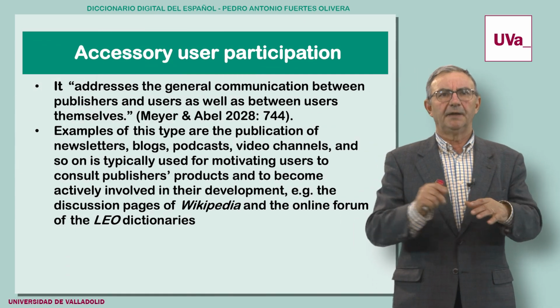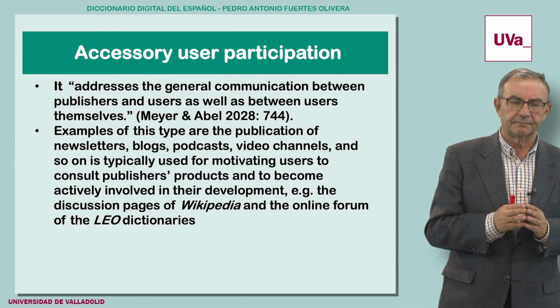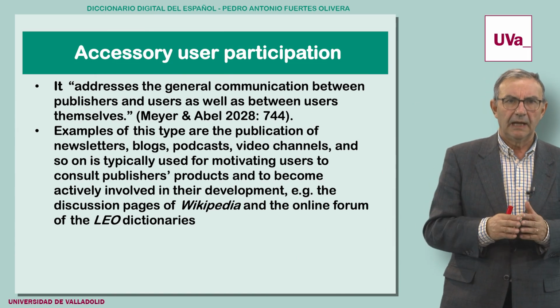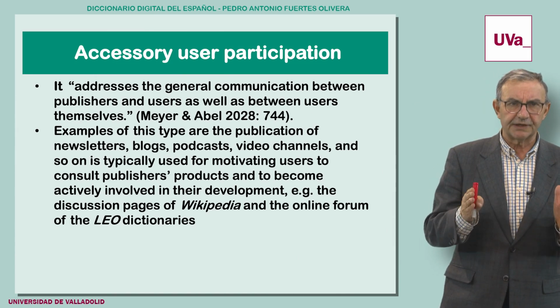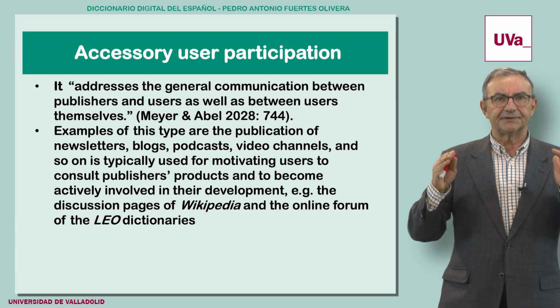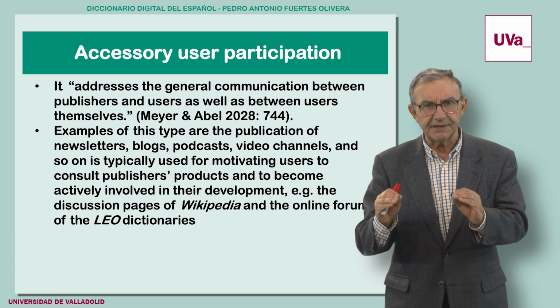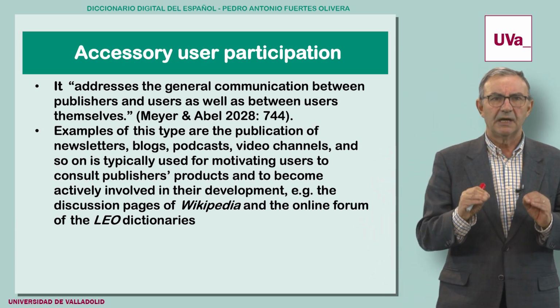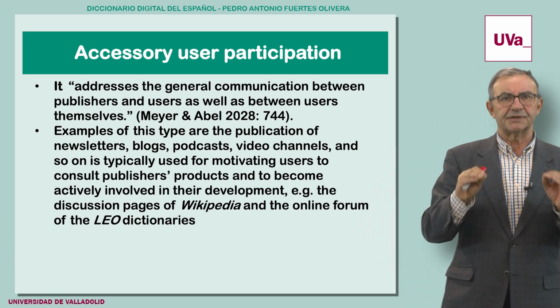And the third type of user participation is referred to as accessory user participation. This category addresses the general communication between publishers and users, as well as between users themselves.